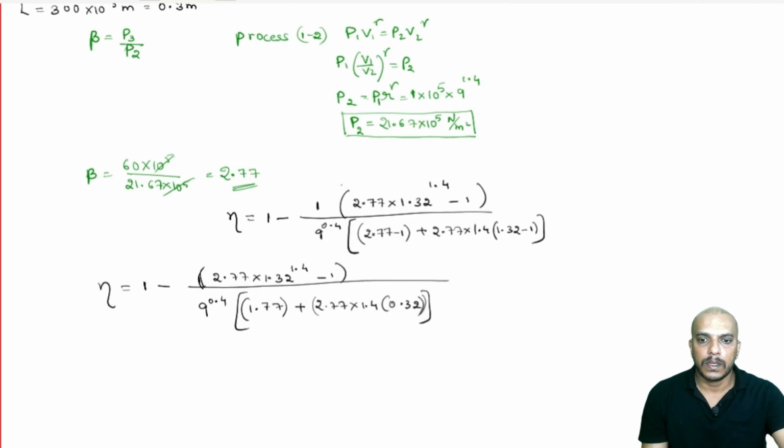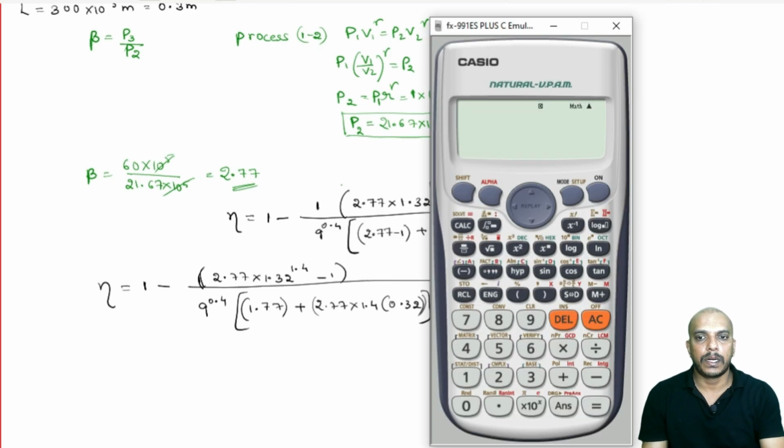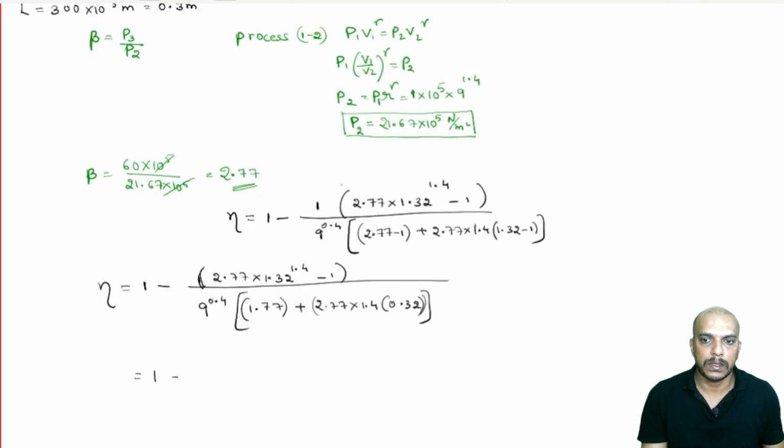I will take the numerator first. 2.77 into 1.32 power 1.4 minus 1. So that is 3.08, so 1 minus this is 3.08.